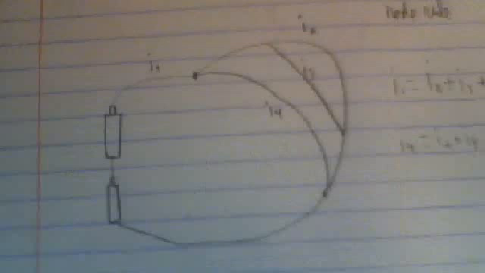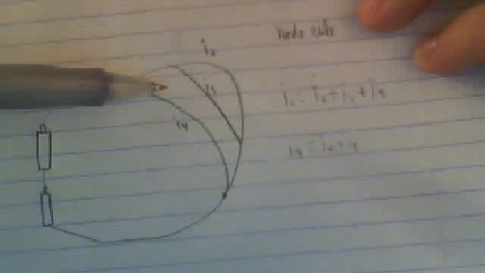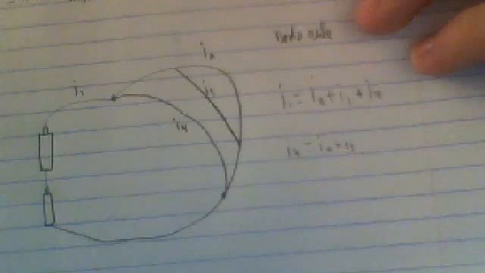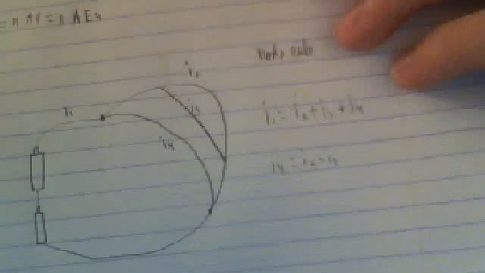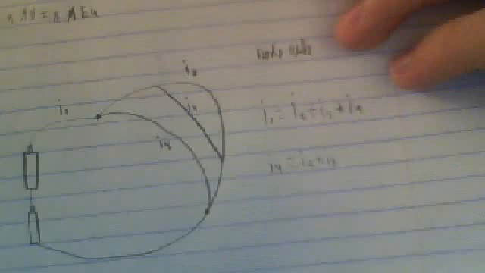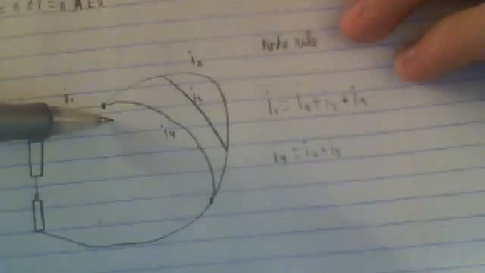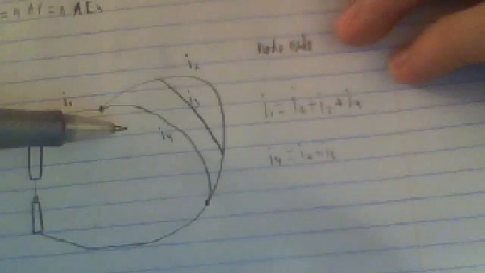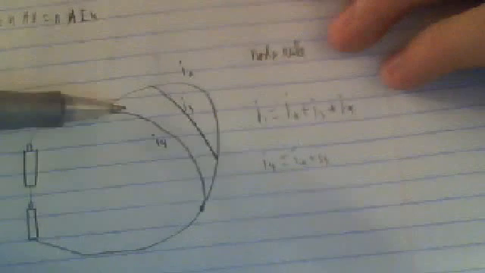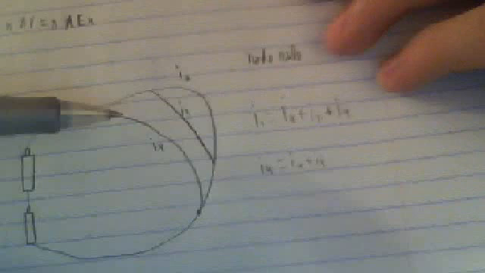Another very interesting rule in this chapter is the node rule. A node is a split in the wires; a node can be anywhere, but the interesting nodes are where the wire splits. Wherever the wire splits, the current is basically halved, or in thirds if there was another wire coming off that node.